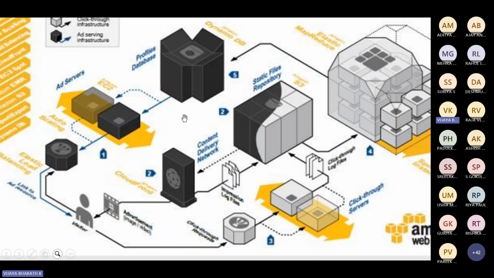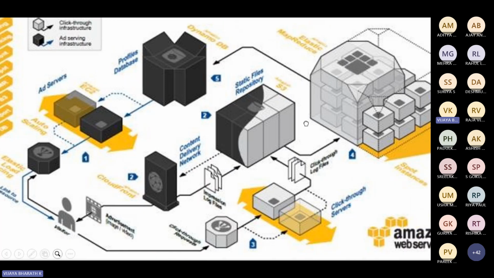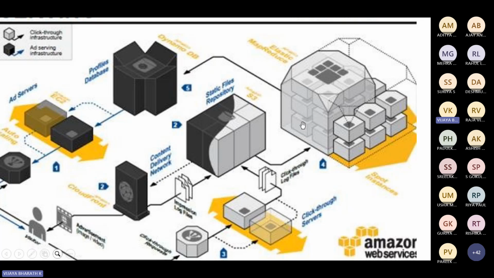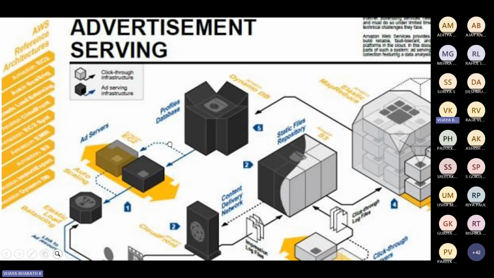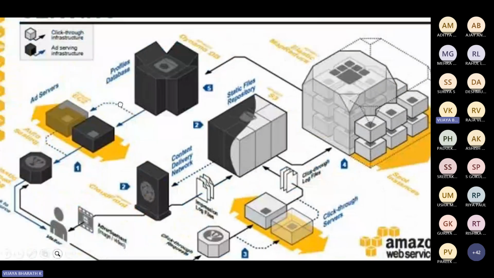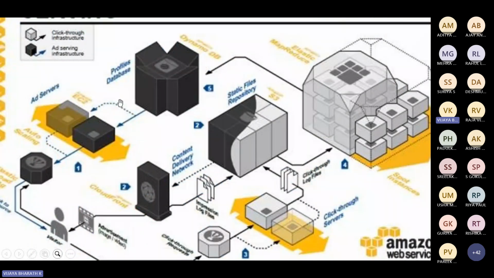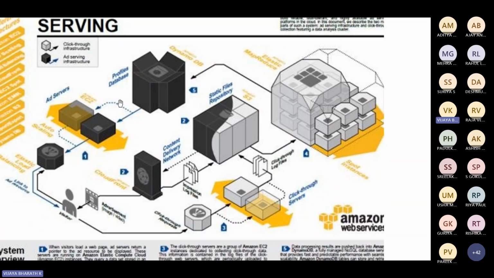But at the back end, you can see you have ad servers, and Elastic MapReduce for analyzing the log files: who has accessed the website, how many times he or she has accessed it. So that is the ad serving infrastructure and click-through infrastructure that you can see here.